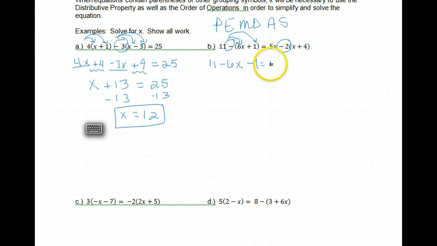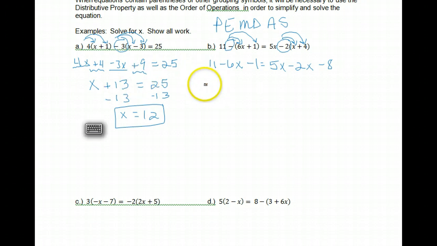On the right-hand side, we will bring down the 5x and we will be distributing in a negative 2. Negative 2 times x gives us negative 2x. Negative 2 times 4 gives us negative 8. After you distribute, you must always combine like terms.